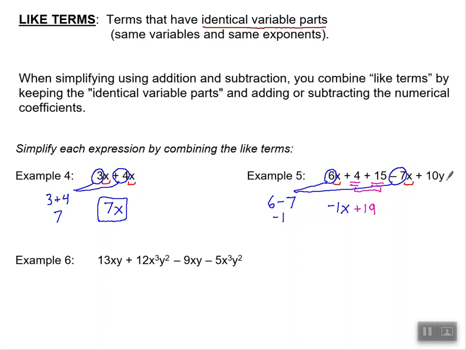It's a positive 10y here, so it's going to be a positive 10y in my final answer. Now you can circle this, that's fine, but we don't usually show the ones as coefficients. So I'm just going to rewrite this to a negative x and then keep the positive 19 and the positive 10y. I like that answer better.